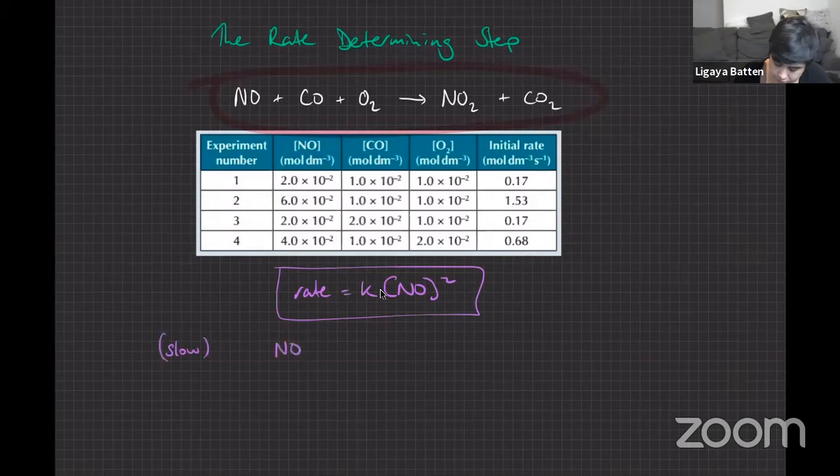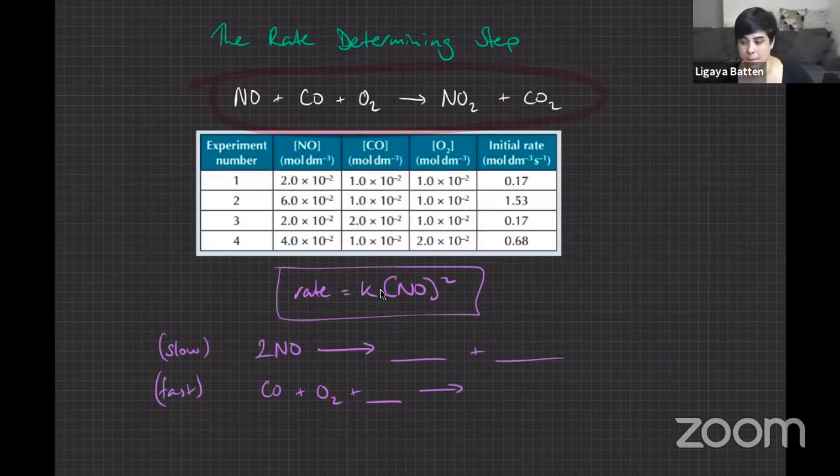the reaction equation, we're going to say 2 moles of NO, and then we're going to say that's equal to something, possibly 2 things. Yeah. And then the other part of the equation is going to have the CO and O2, and probably something that was created in the previous step. And then we're going to hopefully create NO2 and CO2 by the end of that equation.